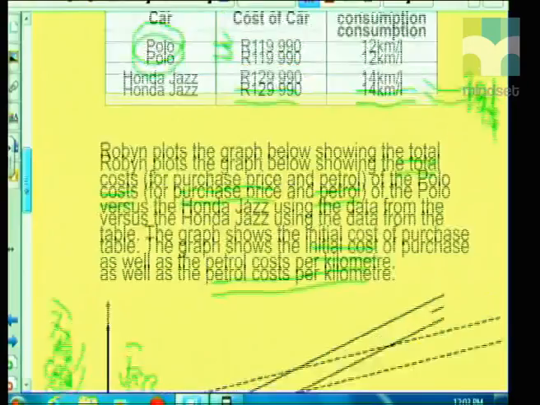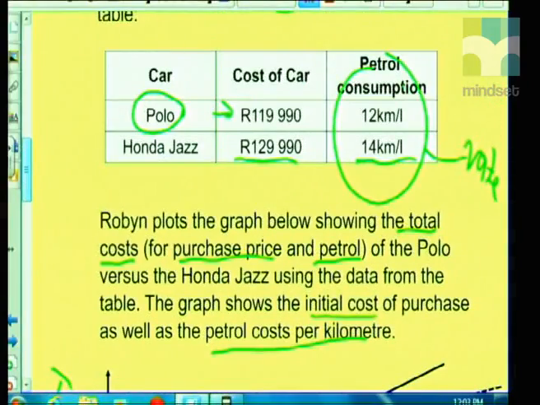Now, the other reason that we can confirm that that is the case is that we're going to say, if I do a certain distance, which one is going to cost me more money? And we look at these figures here. This one is going to give me 12 kilometers per liter. This one is going to give me 14 kilometers per liter. So if I only have to fill up the tank I'm only going to get 1 liter every 14 kilometers, then it's going to cost me less to run.